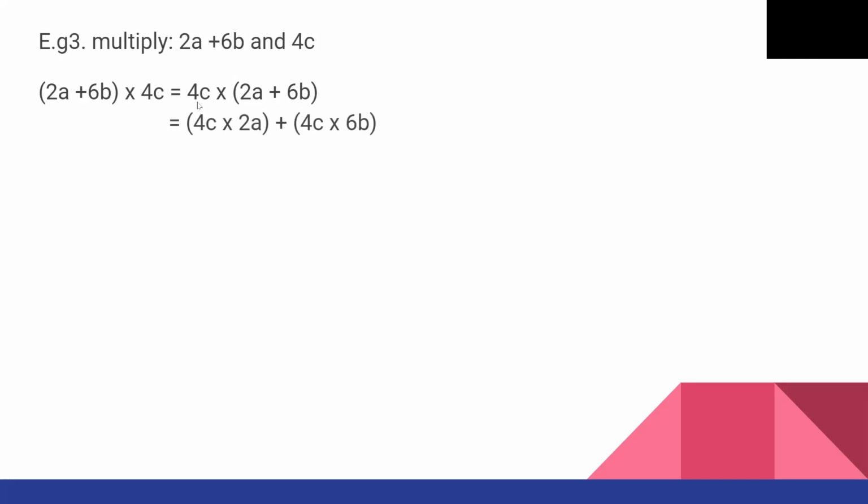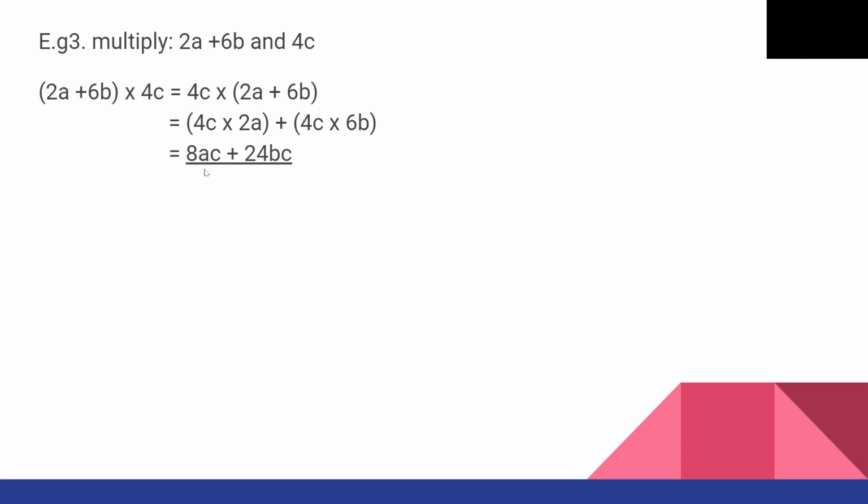See, 4c, first we have to multiply with the first term 2a, plus then 4c we have to multiply with the second term 6b. So in the first bracket 4c multiplied by 2a plus in the second bracket 4c multiplied by 6b. Now simplifying, 4 twos are 8, c multiplied by a is ac.